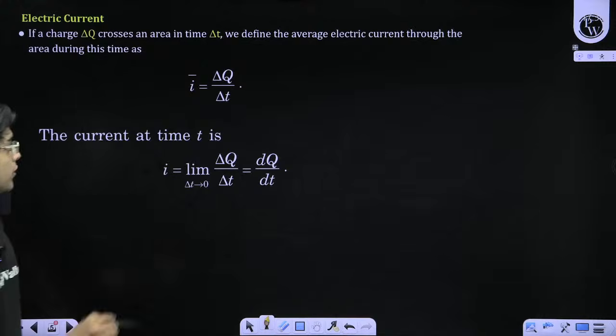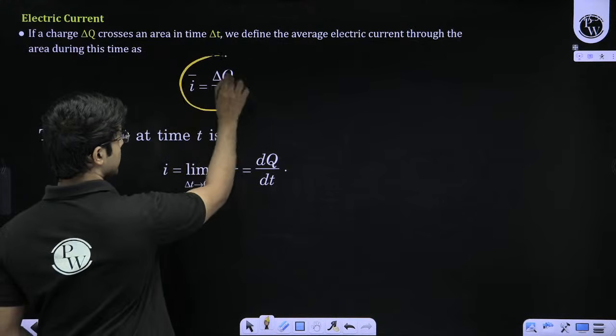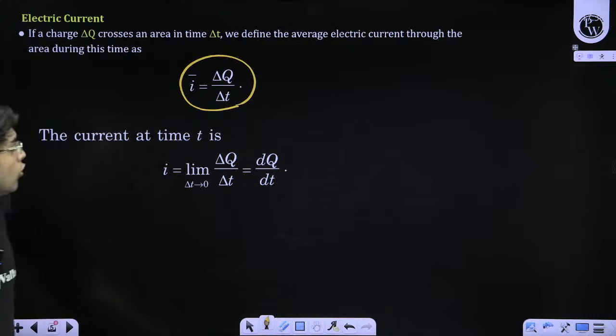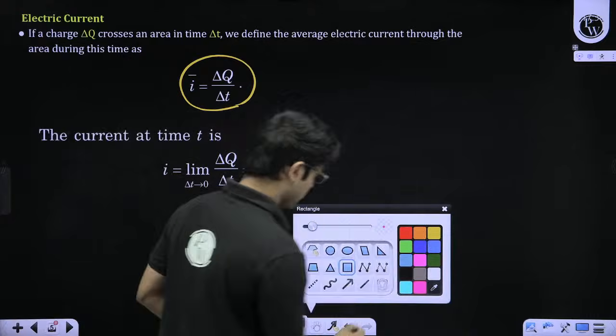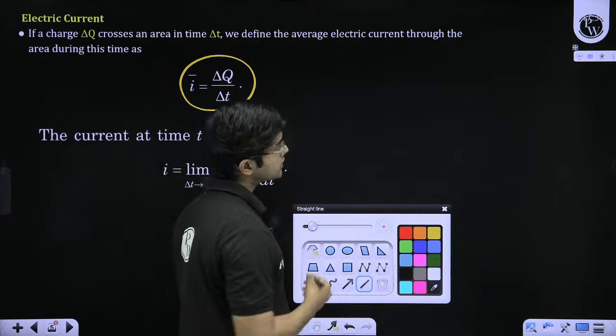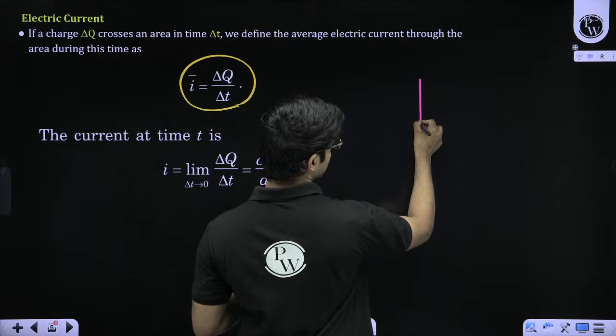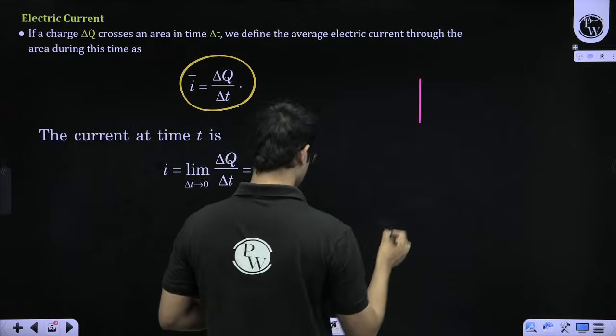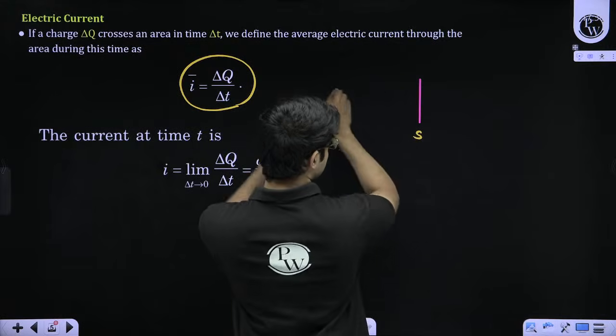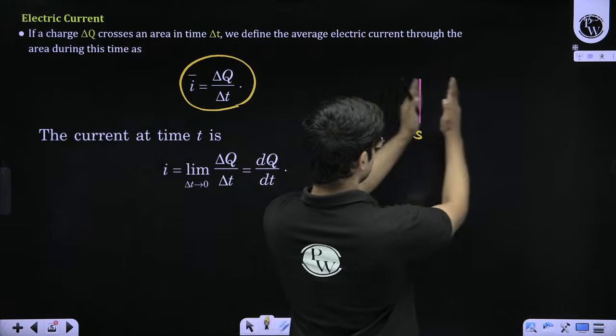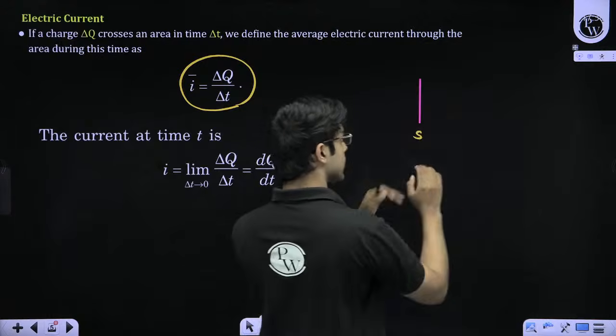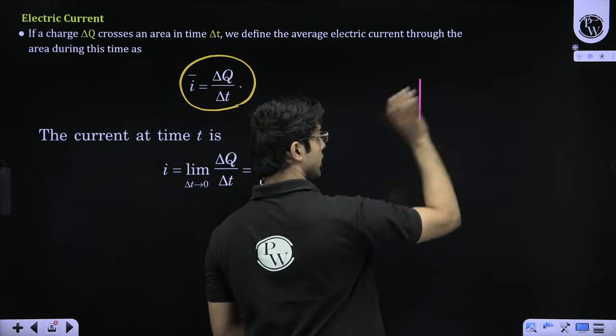Next, we are going to define the mathematical relation of current. First we will talk about average current. We will take the cross-sectional area once again, and imagine that there is current flowing in the right direction, so positive charges are cutting through this cross section every second.